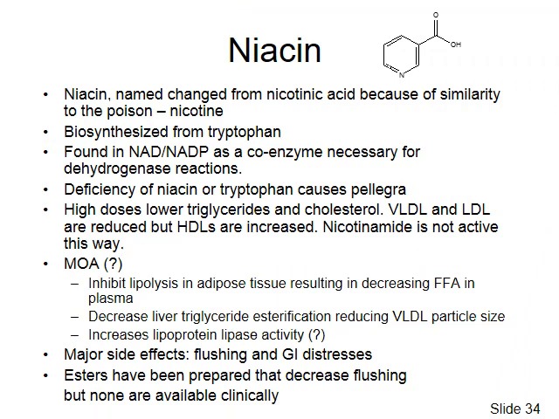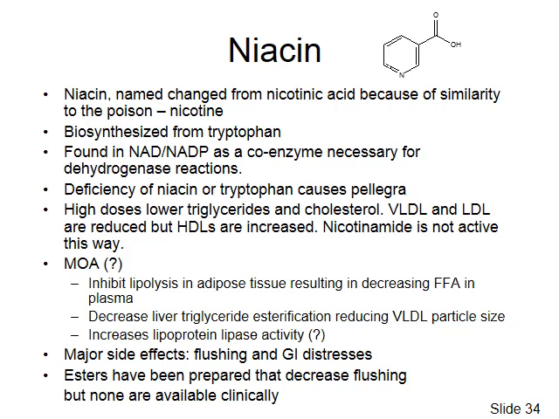The structure of niacin is depicted for you here in the upper right. As you can see, it looks a lot like nicotinic acid. And in fact, it was originally called nicotinic acid. But its name was changed to niacin because of confusion of nicotinic acid with nicotine, which is a toxic compound.